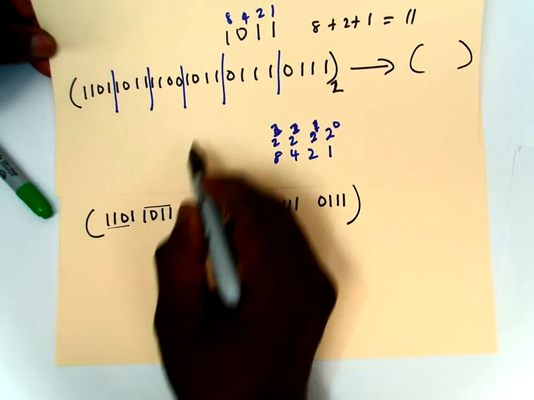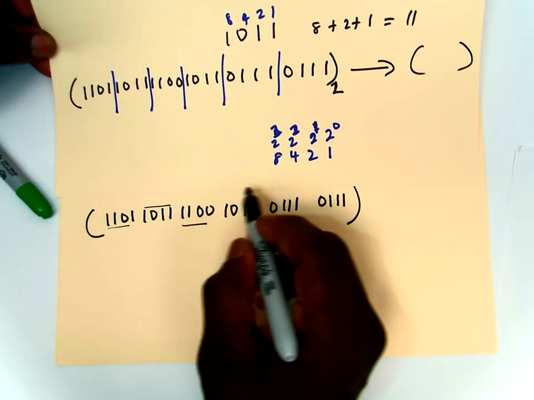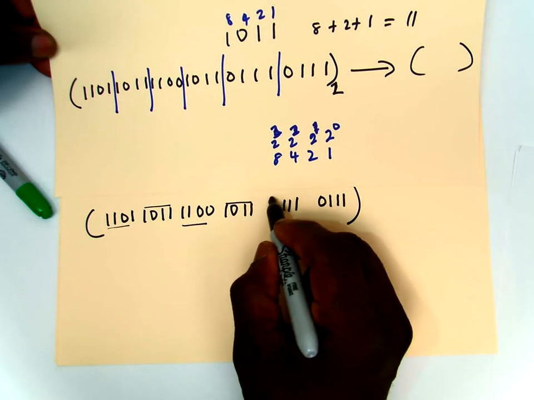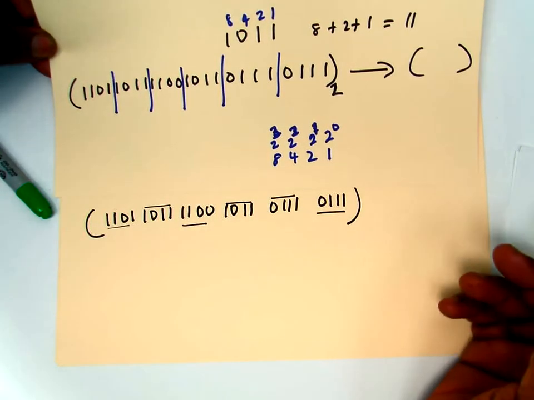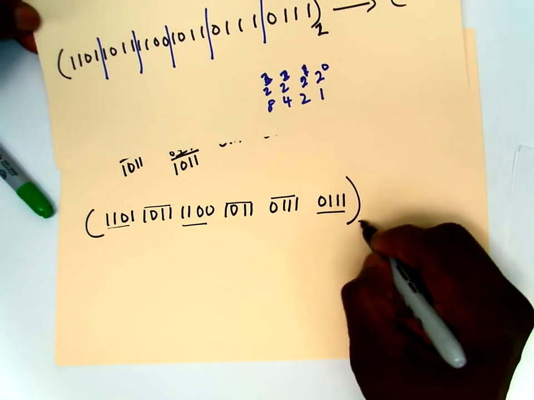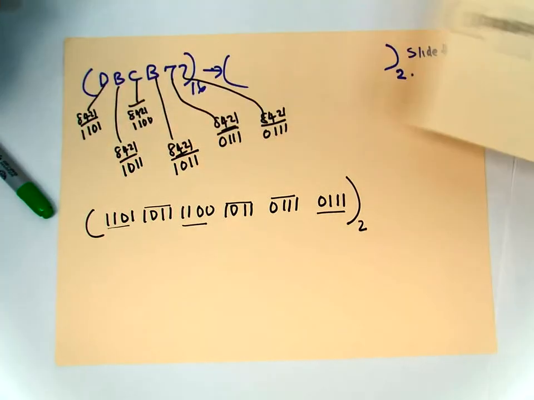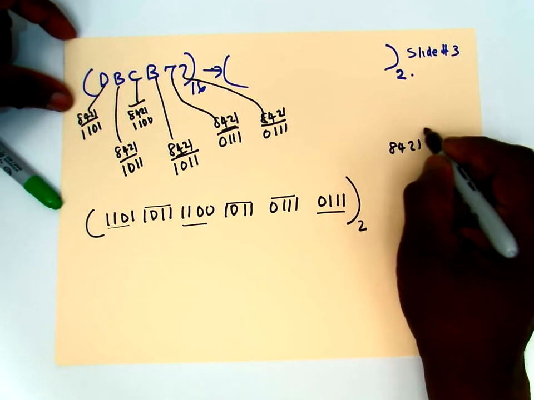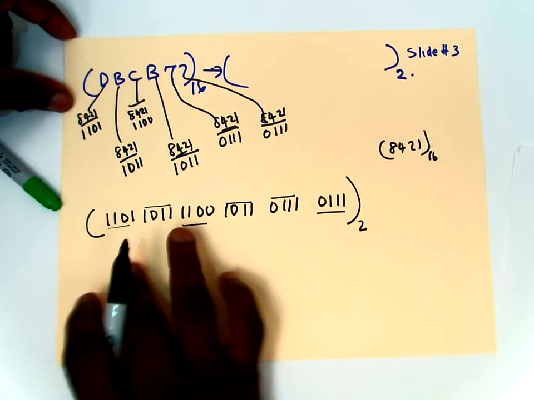So it works out here well. So your magic number is, now we have it in binary, 8421. And we have many applications of this.